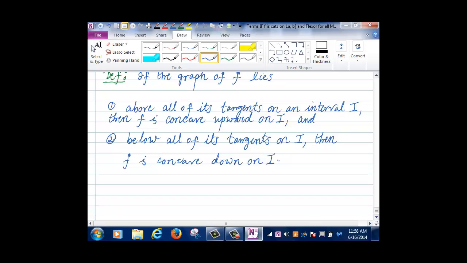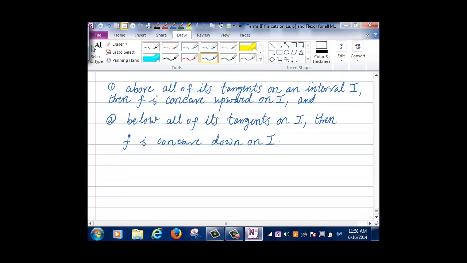If all the tangents are below the graph, then the function is concave up. If all the tangents are above the graph, then the function is concave down.